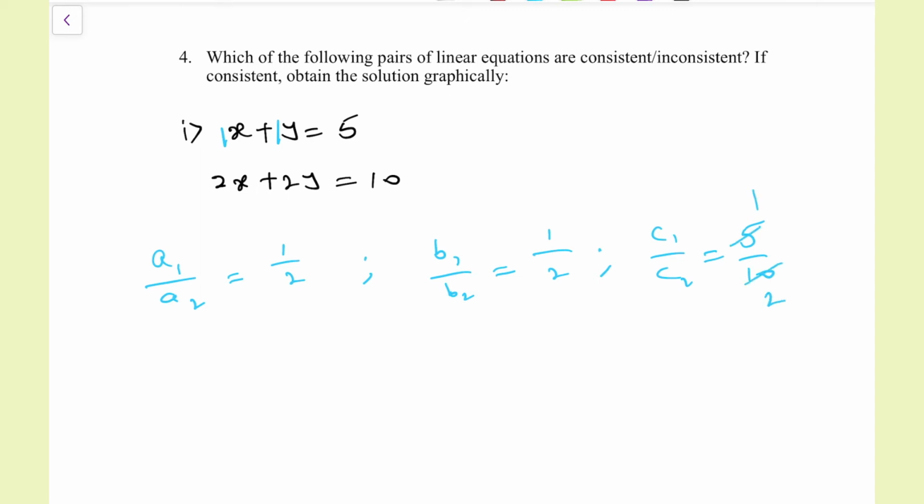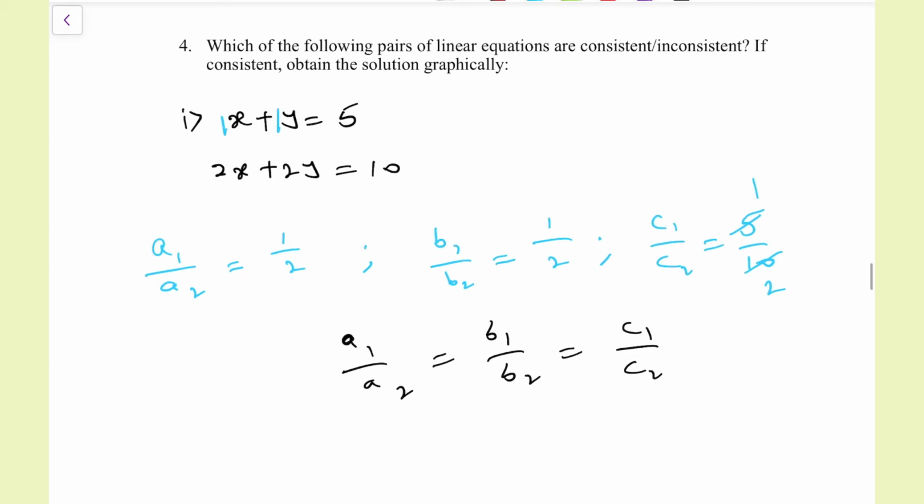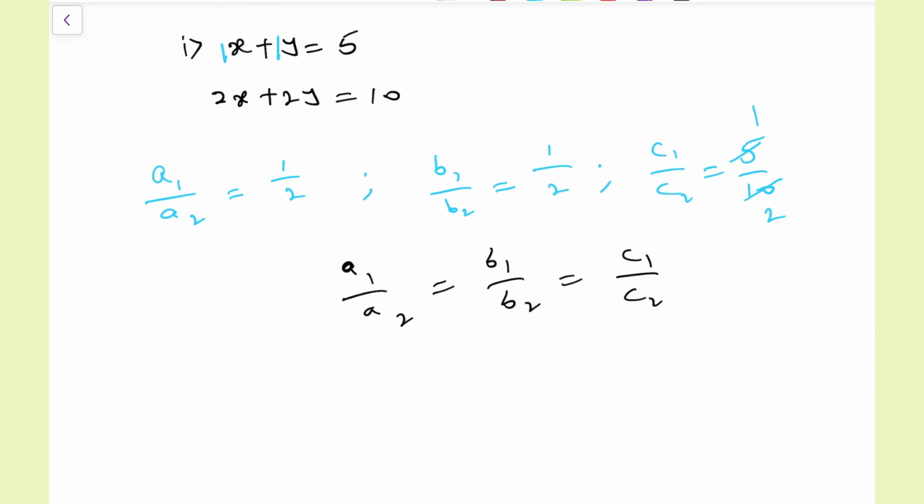So here A1 by A2 value, B1 by B2 value as well as C1 by C2 are all equal to each other. So if everything is equal, these are coincident lines. Coincident means solution will be there. So that is a consistent pair.